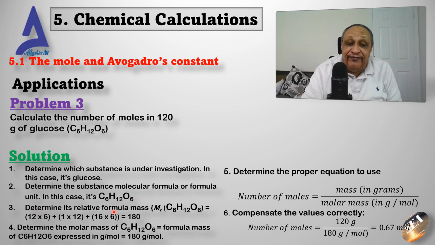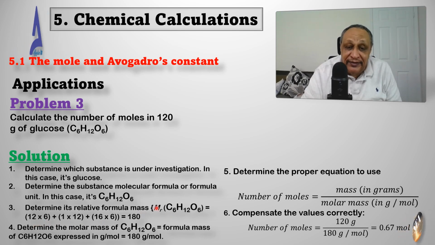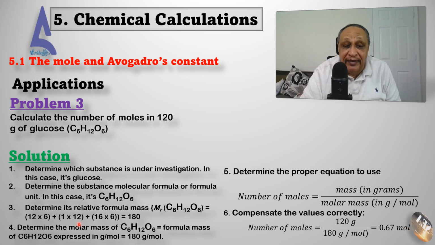Determine the relative formula mass. The relative formula mass is equal to 12 multiplied by 6, where 12 is the relative atomic mass of carbon and 6 is the number of carbons. And also 1, the relative atomic mass of hydrogen, multiplied by 12 atoms of hydrogen.